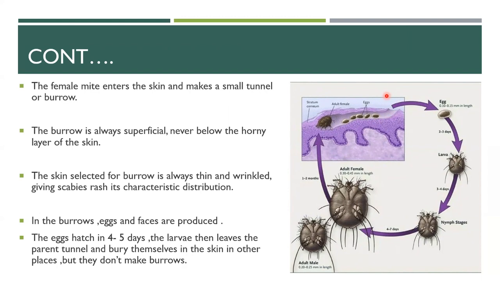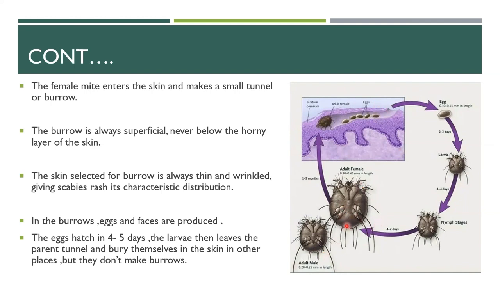They have to develop into an adult female in order to burrow. As you can see, you have the egg. After a few days, it changes its morphology from larva to nymph, and then it becomes an adult after a couple of days to weeks. Once it's an adult female, it burrows through, produces other eggs, and so on. So basically, that's the cycle.